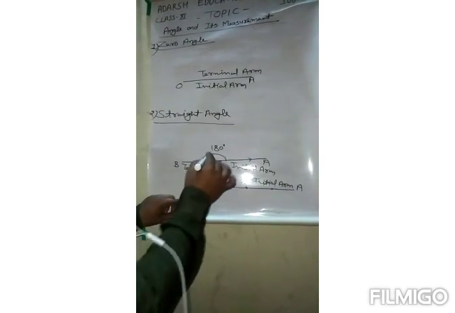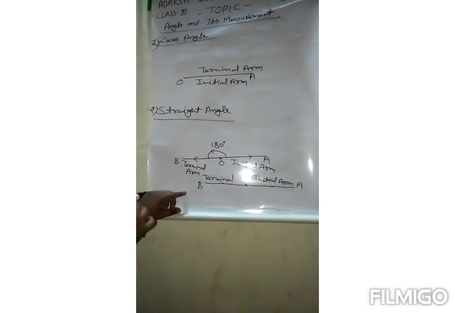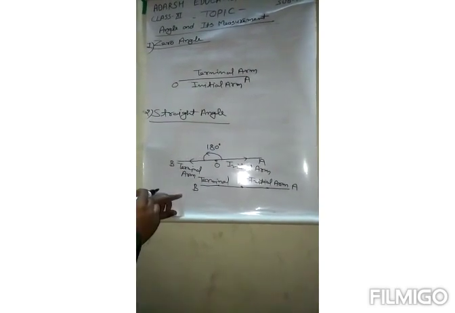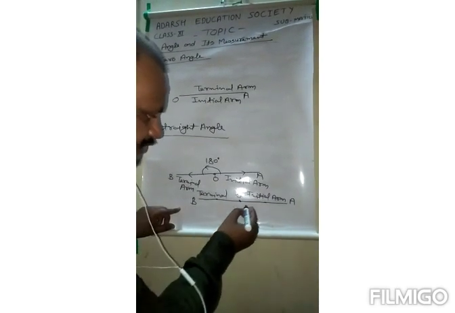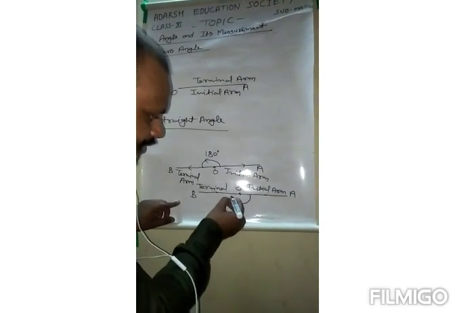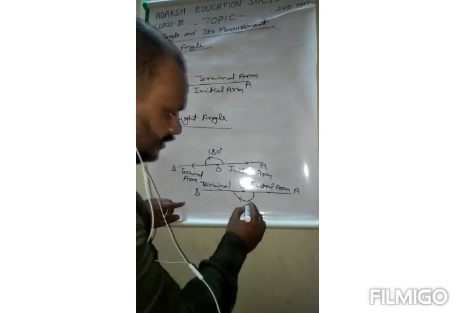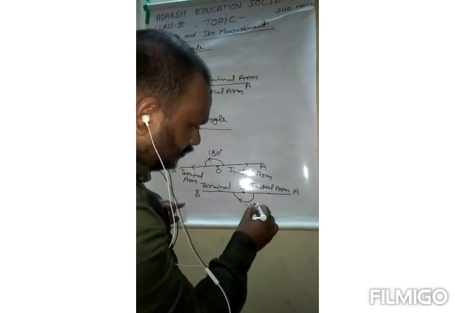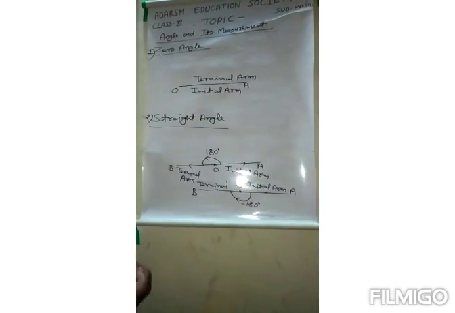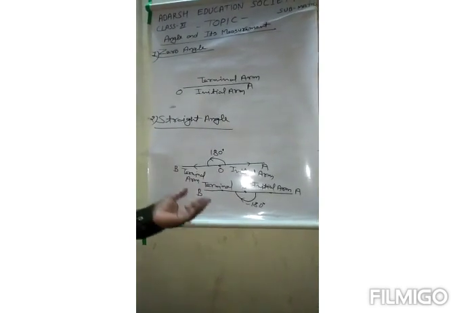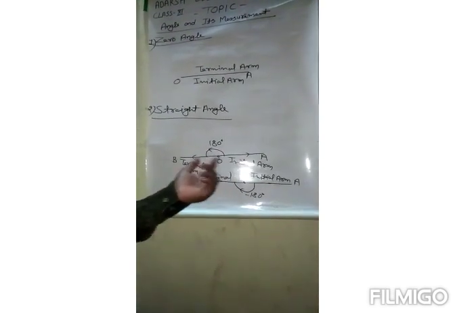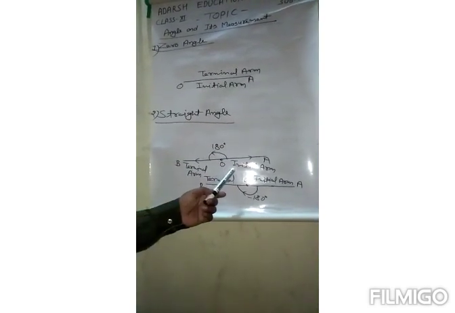Now, since we have to form the negative 180-degree angle, our sense of rotation should be in the clockwise direction, and with the same measurement of 180 degrees, we can form the negative 180-degree angle. So these are the examples of the straight angle. Straight angles are angles in which the initial arm and the terminal arm both lie on the same line, but are directed opposite to each other.